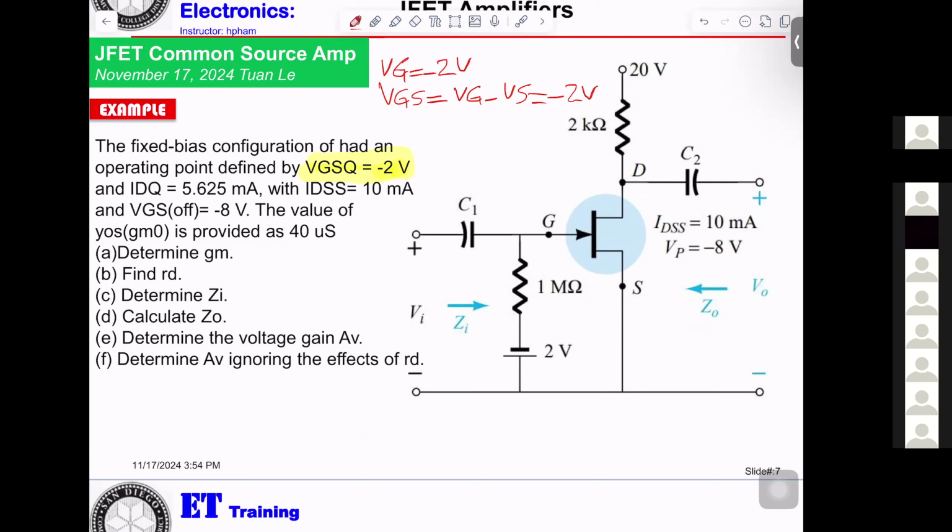And ID equals 5.625 milliamp, and IDSS equals 10 milliamp. Okay, my question: what is IDSS?